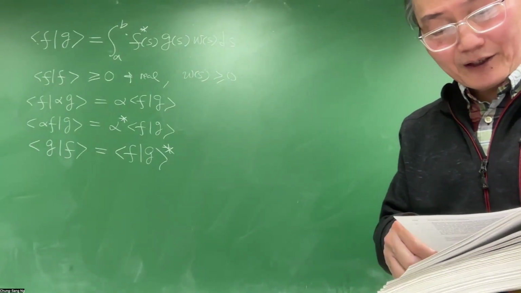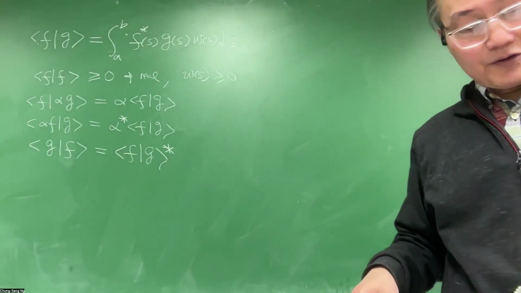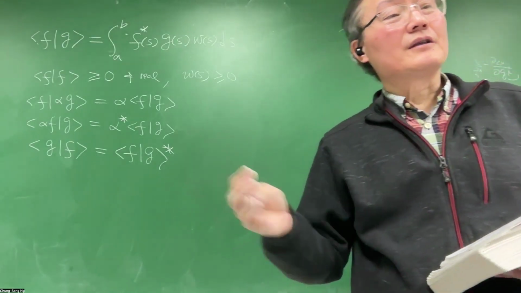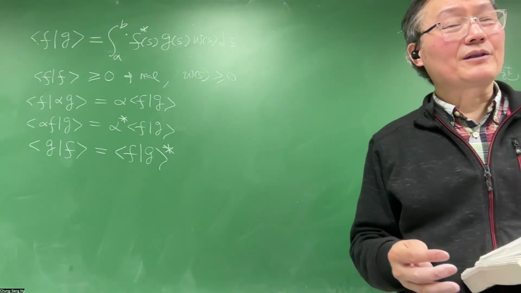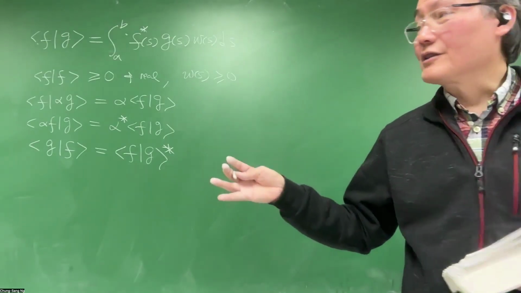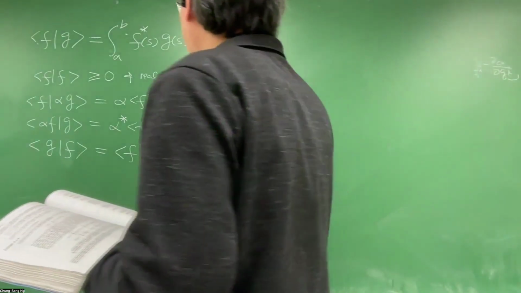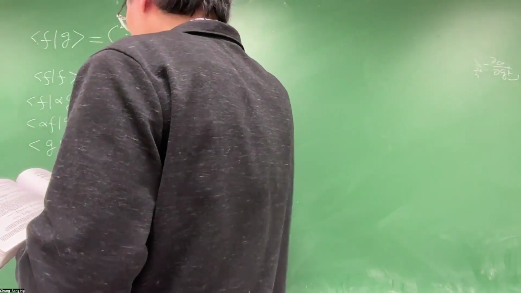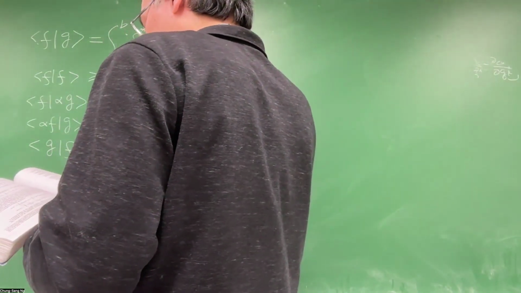But otherwise, you can use many of the properties of vector space and translate them to this function space, right? So this Schwarz inequality is just like that.